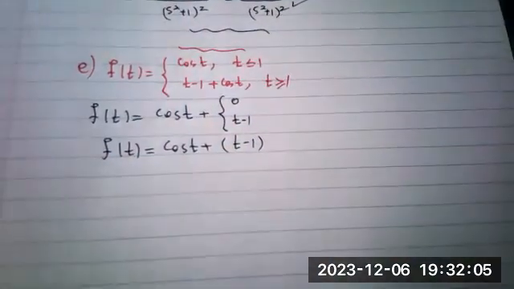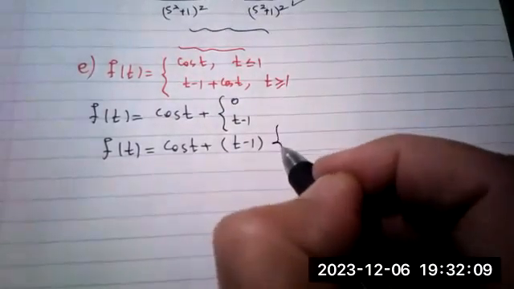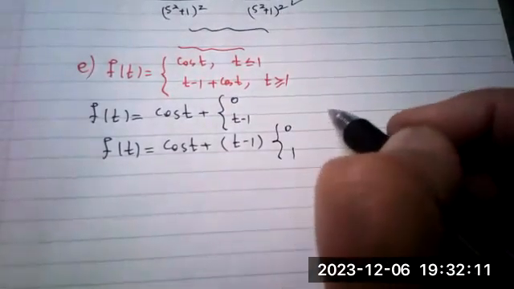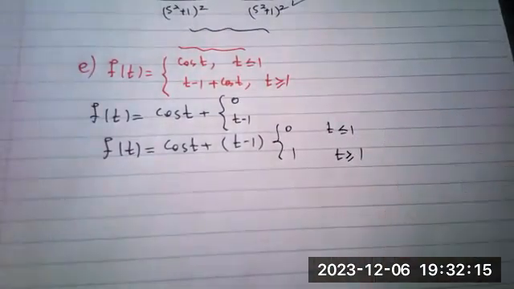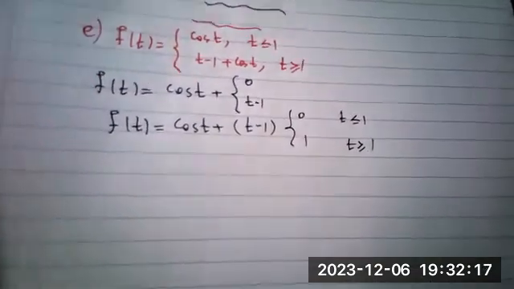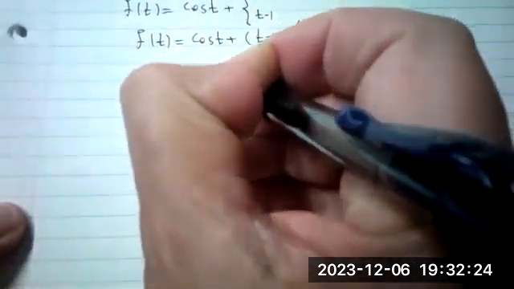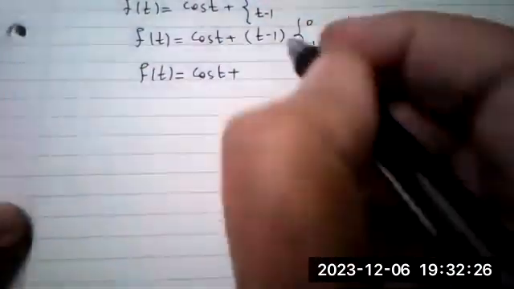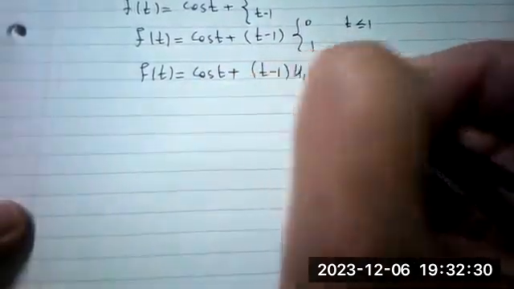Now what's the function? Because the leftover is going to be 0, 1. It's 0, 1 when t is less than 1, and greater than or equal to 1. And you know that this is going to be the unit step function at the base 1. So f of t equals cosine of t plus t minus 1, times u1 of t.